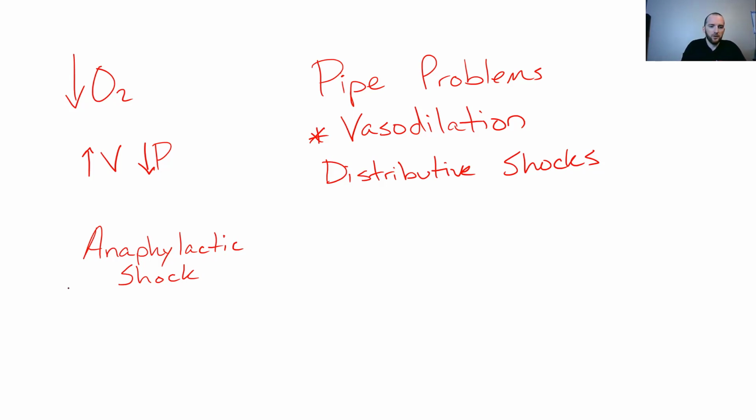And when we get that allergic reaction, right, or we get exposed to whatever it is that we're allergic to, one of the things that our body releases a lot of is a chemical called histamine. And histamine, amongst other things, causes vasodilation, right?